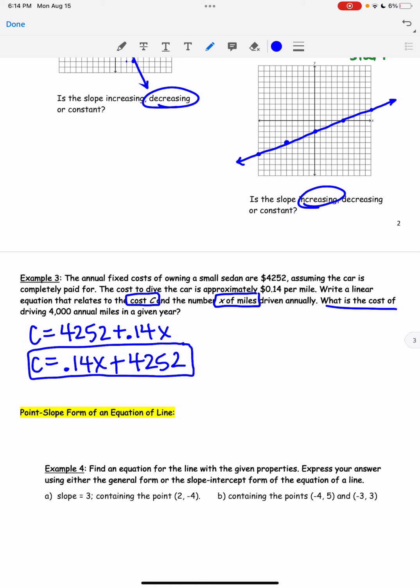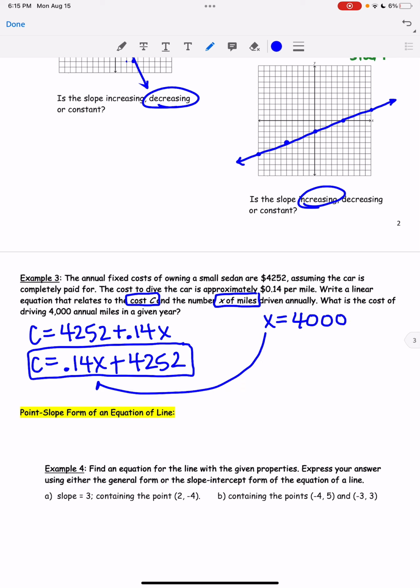So the second part of this is, what is the cost of driving 4,000 miles in a given year? So what does this 4,000 represent? Does it represent the C, the cost, or X, the miles? It says driving 4,000 annual miles. So they're telling us that X equals 4,000.